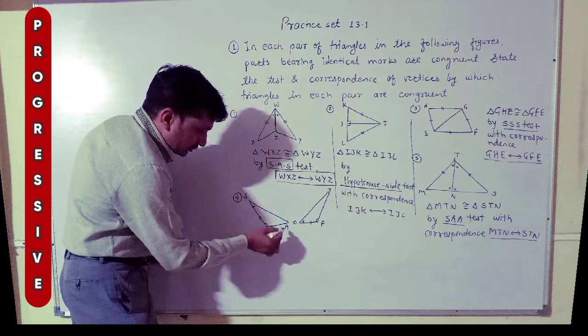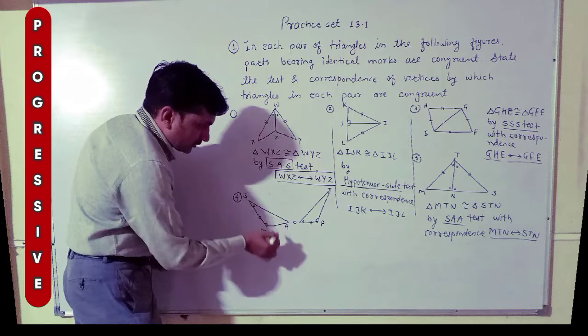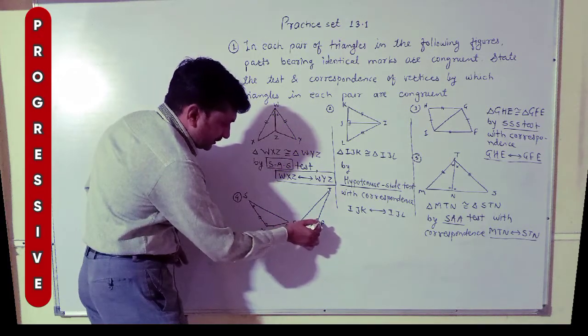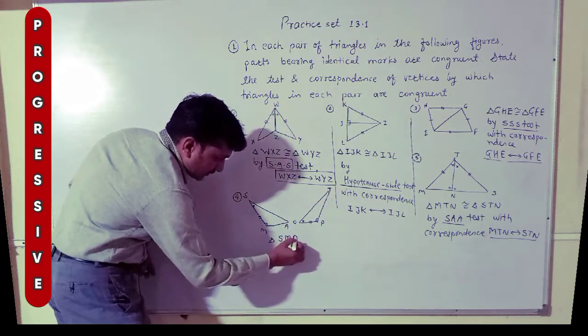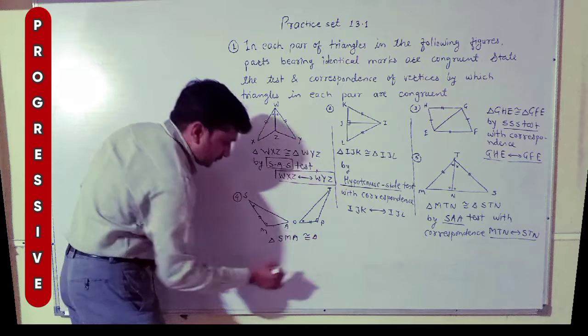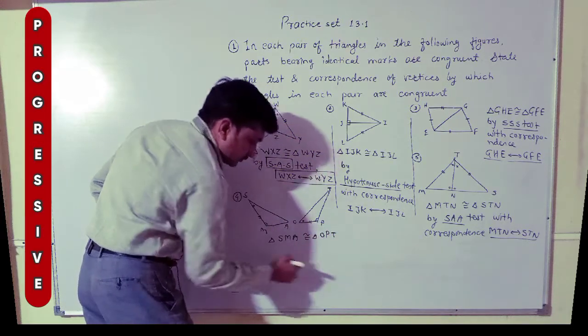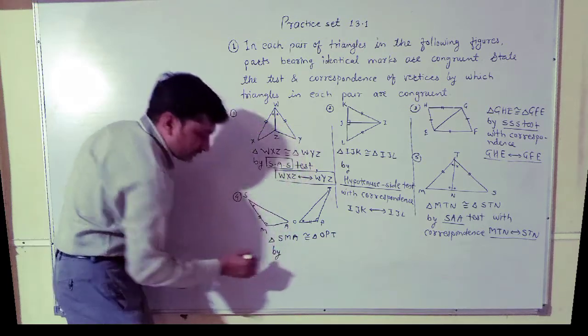Triangle, here are two triangles, SMA and here OPT. Triangle SMA congruent triangle OPT. These are congruent by, now see the test.